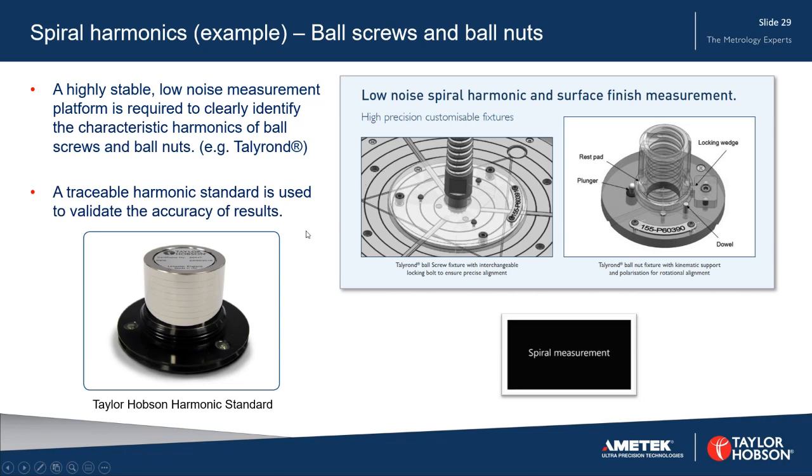One way of verifying that is to look at a Taylor Hobson harmonic standard or other harmonic standards. This particular harmonic standard does allow us to measure up to very, very high UPR, and it will verify what we're seeing on spirals as well as on plain bearings when we're taking simple roundness measurements. Let's have a look at the spiral measurement.